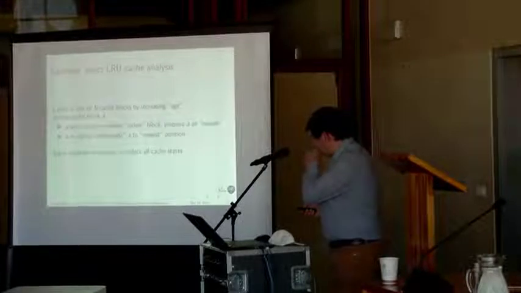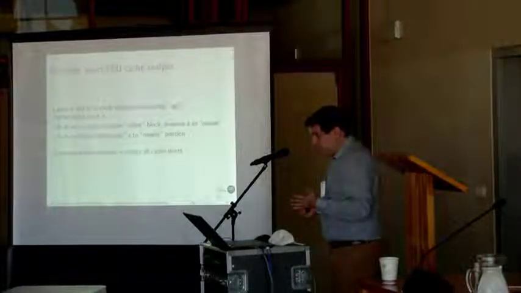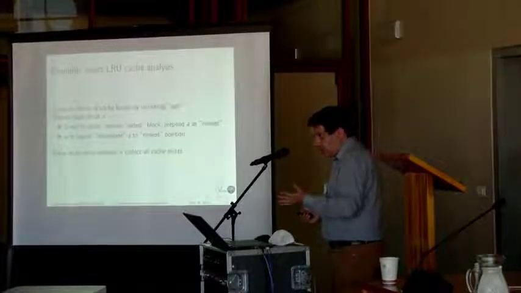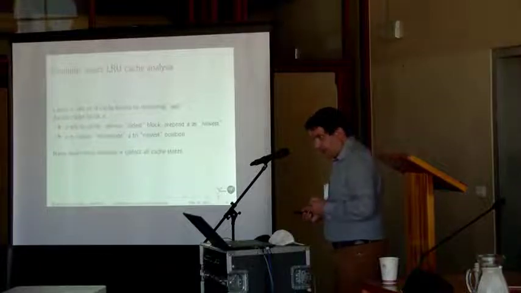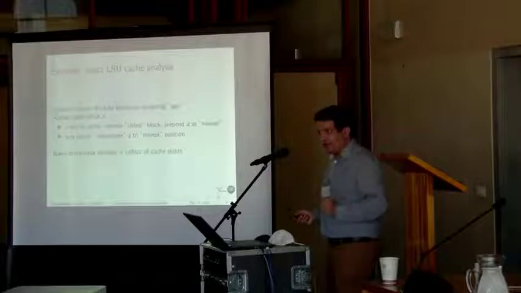So, if you would like to do a naive brute force analysis of that, you would collect all the cache states. You would model check this system. And Patrick makes a face, and he thinks it's costly, and indeed, we tried it, it's costly.